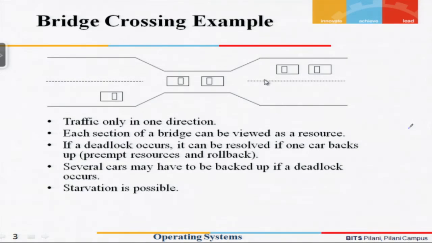That means whatever it has done till that point in time has to be undone, it has to be rolled back. And if there are more vehicles, then every vehicle has to roll back in this case. So this is an example where a deadlock occurs, and for a recovery from the deadlock, there are issues pertaining to rollback being required, and even preemption of the resources is required.